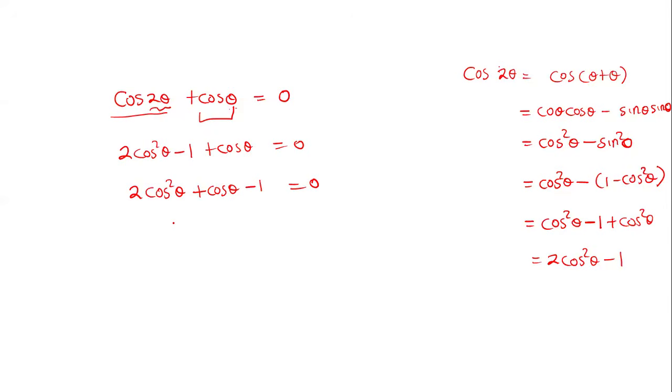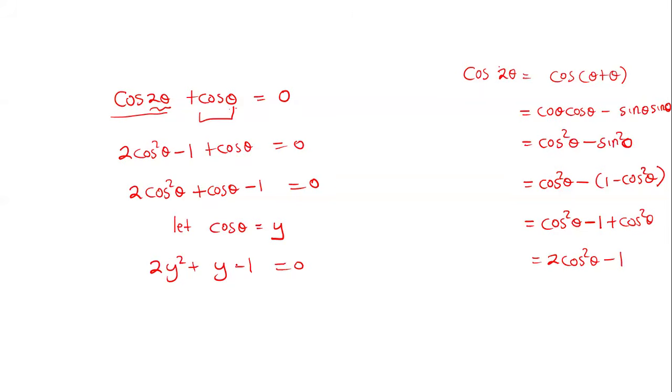You can use your calculator. Some people let cos theta equal y, and then you get 2y squared plus y minus 1 equals 0, and then you do the solving. After getting your y, you go back and substitute what your cos is.